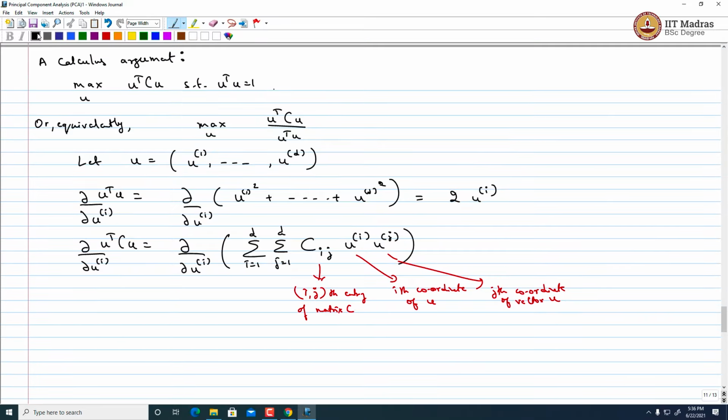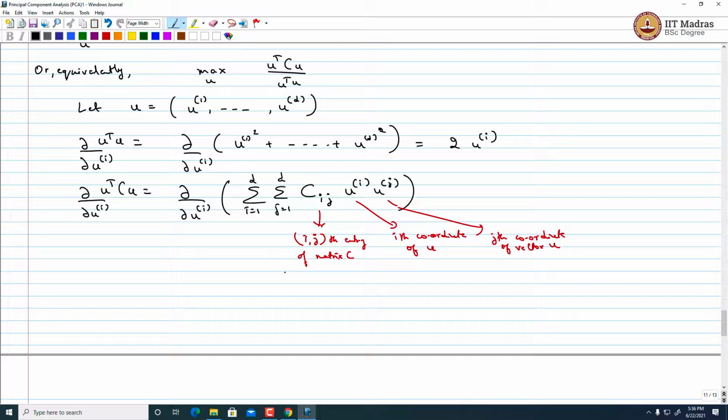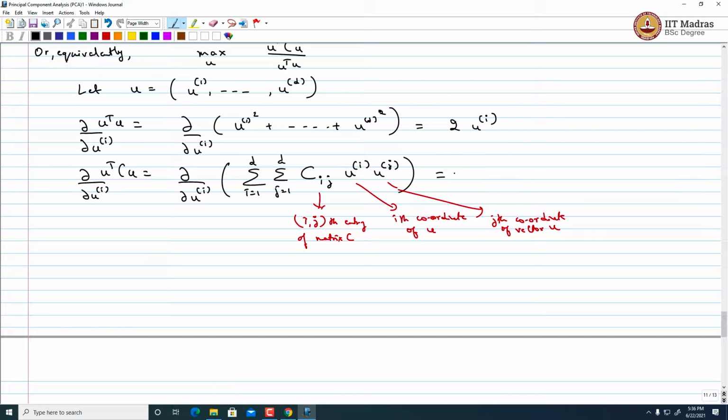So when you differentiate this, what you would get is 2 times the summation over j of Cij uj. This is nothing but the ith entry of 2 times Cu.